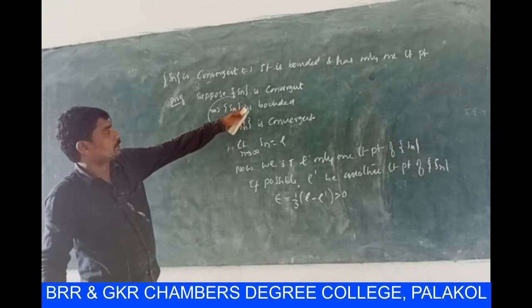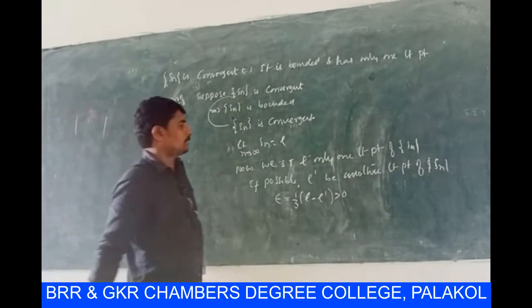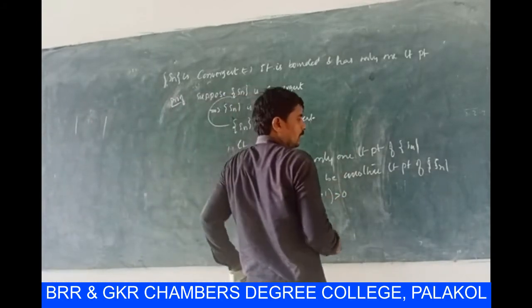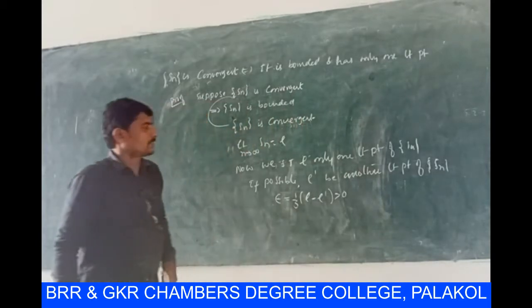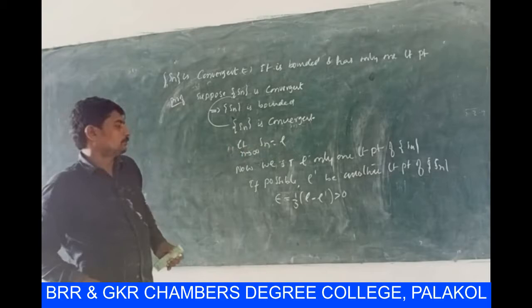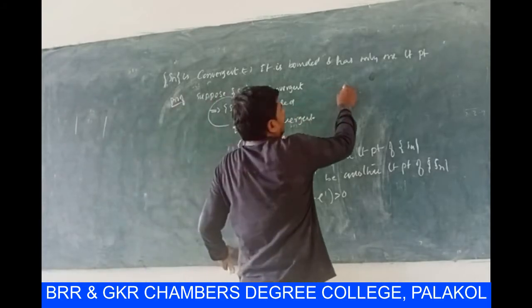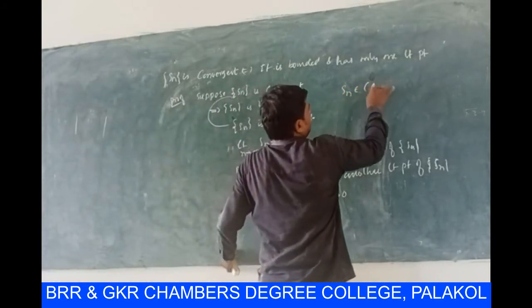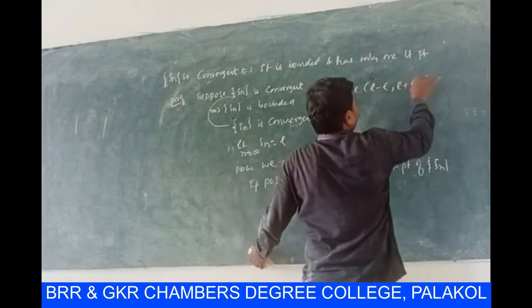Since this is convergent, for a given epsilon greater than 0 there exists a positive integer such that modulus of Sn minus L is less than epsilon. Now Sn belongs to L minus epsilon comma L plus epsilon.